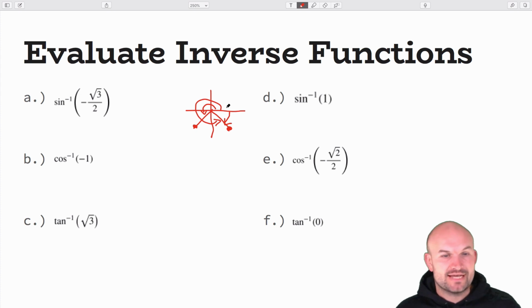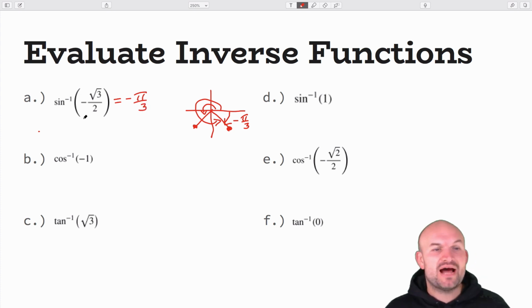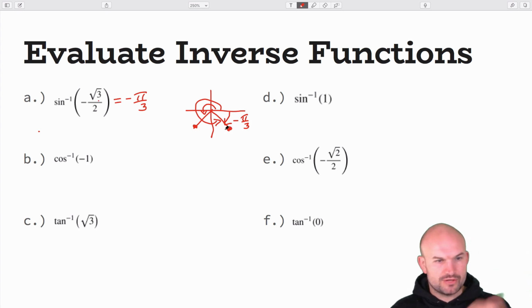What is that reference angle going to be? And the reference angle in this case is going to be pi over 3. So the answer here is a negative pi over 3. Because the sine of pi over 3 would give you a positive square root of 3 over 2. So if it's negative, it's going to be in the fourth quadrant, which gives me a y coordinate negative.